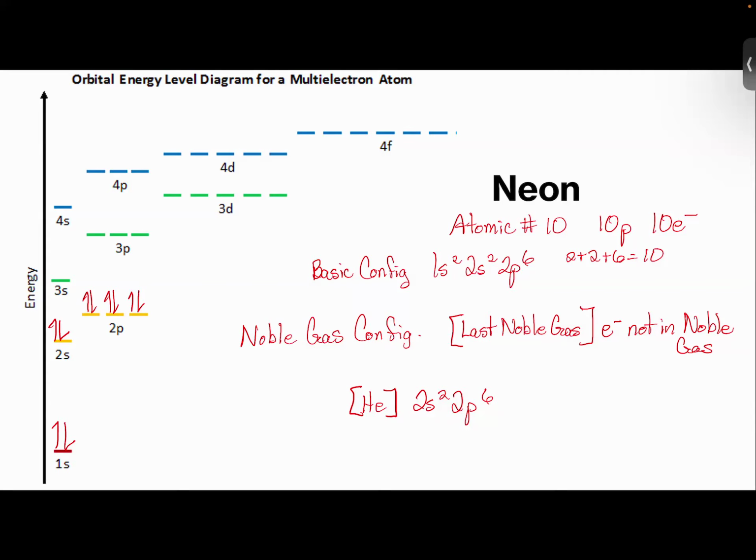Now I only need what helium does not have, which starts right here. This is the S block. So it has the 2s2, and this is the P block, and it has 2p6. That's what neon has that helium did not have.